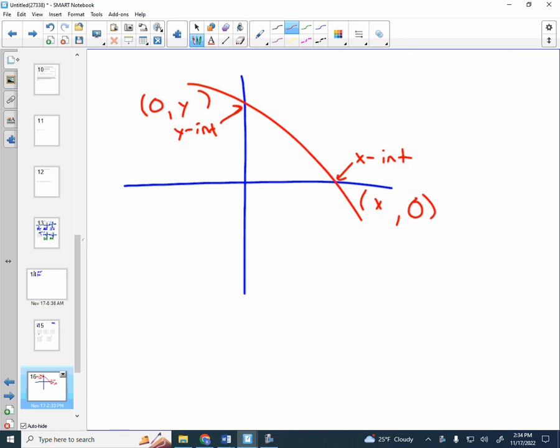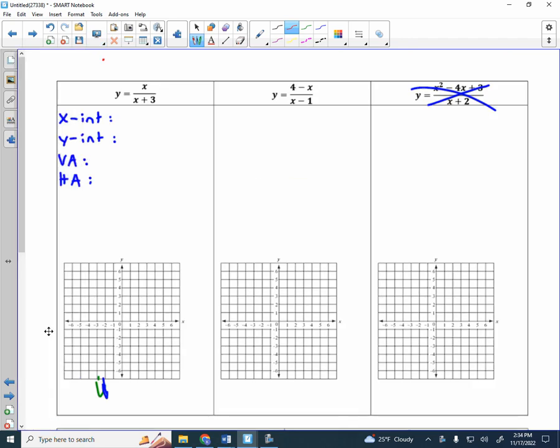So when we go back to this, if I want to identify the y-intercept, we'll start with the y-intercept. I'm going to plug 0 in for x. Remember when we made these little charts and we said, hey, if you want to find the y-intercept, plug 0 in for x. If you plug in 0 for x, you get 0 divided by 3, which is 0.